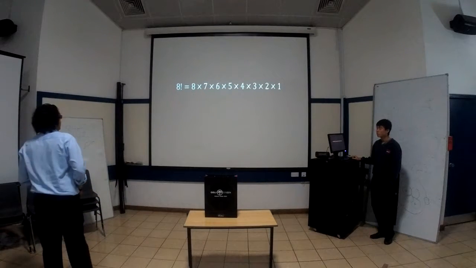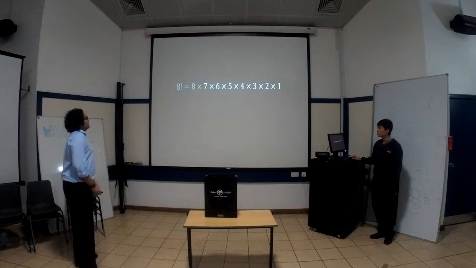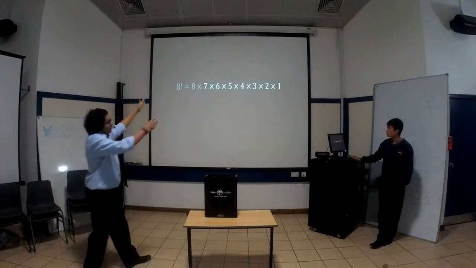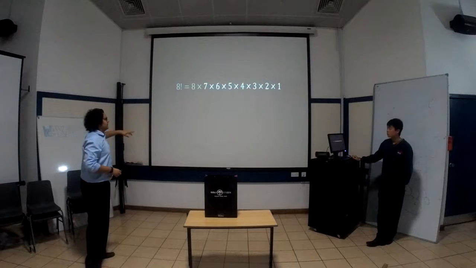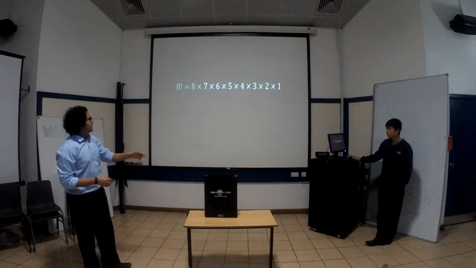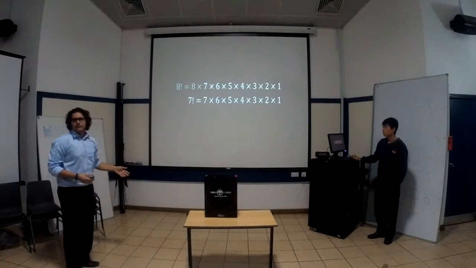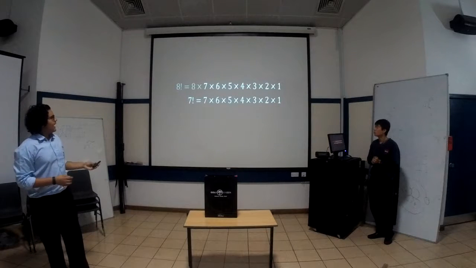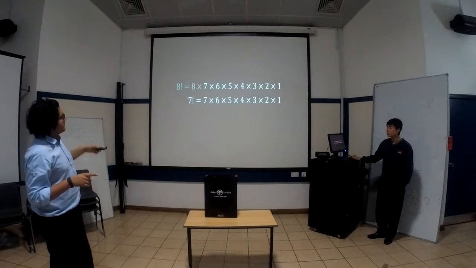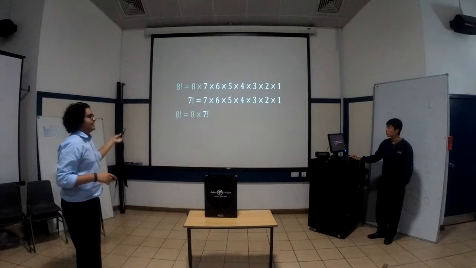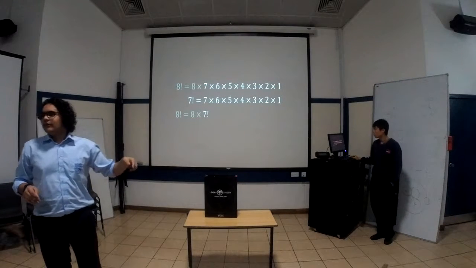But if we look a little closely, we can see that this part, 7 times 6 times 5 times 4 times 3 times 2 times 1, is exactly the same as 7 factorial. So 8 factorial has 7 factorial in it. And that means we could rewrite our definition of 8 factorial as being 8 times 7 factorial.